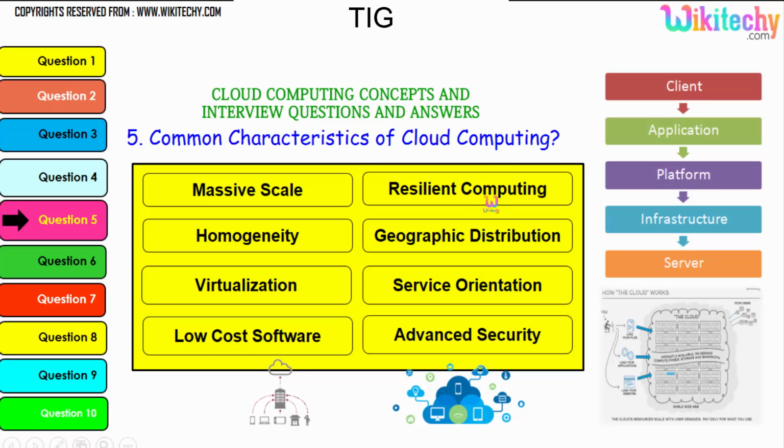Resilient computing. So whatever processing is done, it's done remotely and you don't have any disturbances. Geographic distribution. The data and computing process is geographically distributed. Service orientation. So it's based on purely service orientation and you got advanced security. That's an important one.